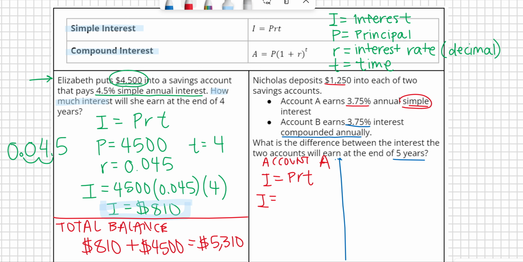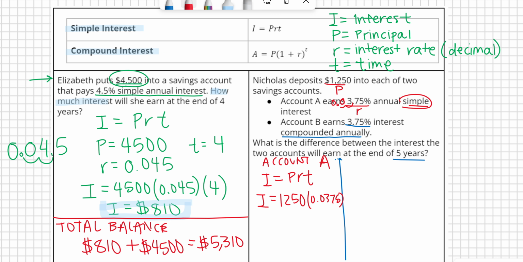The principal amount is $1,250. That's how much starts in the account. The interest rate is 3.75%. As a decimal, that's 0.0375. I move the decimal 2 spaces to the left and fill in the zeros.